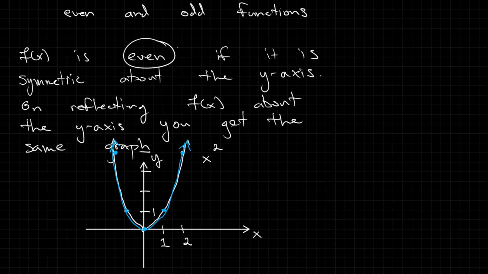With functions, a function could be neither even nor odd. So if a function doesn't have these symmetries that we're talking about, if it's not symmetric about the y-axis or the origin, then it's neither even nor odd. And there are plenty of functions that are neither even nor odd.